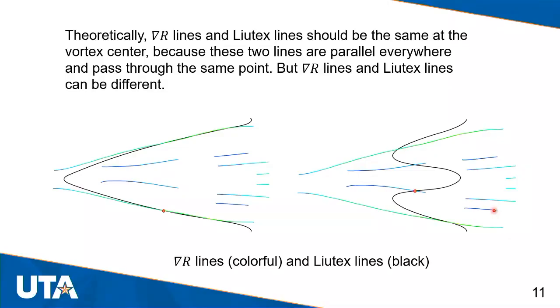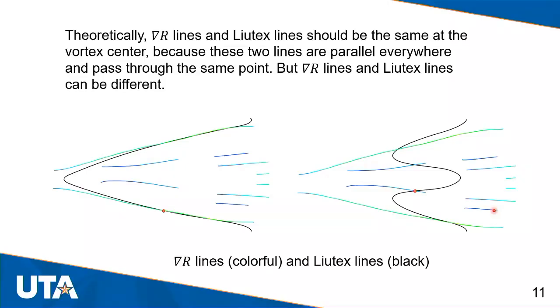The colorful lines are the gradient lines, and the color represents the Liutex strength. At the blue, the Liutex strength is quite weak, and we draw the gradient line and the Liutex line from the same point. You can see a big difference.